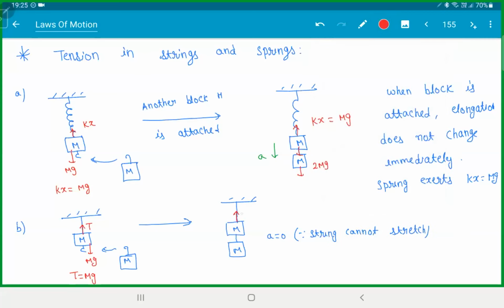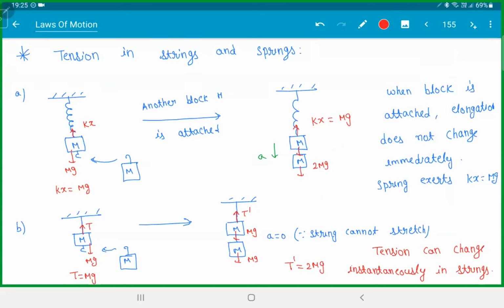Therefore, suddenly the tension T dash becomes 2 mg. So the tension suddenly changes in strings. This is the main difference.